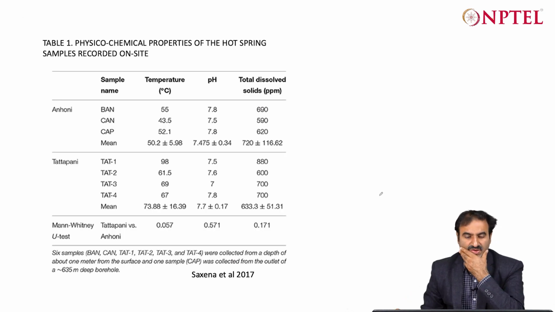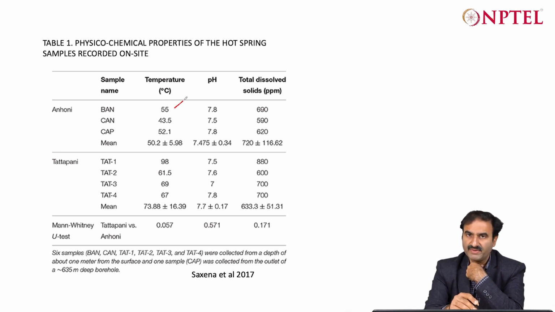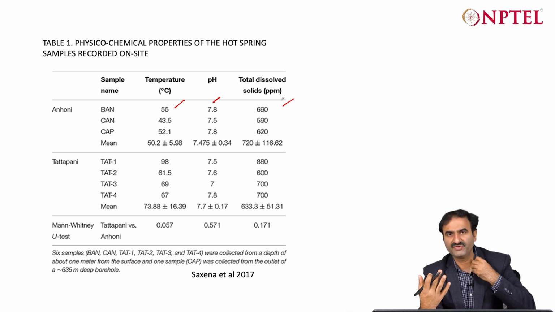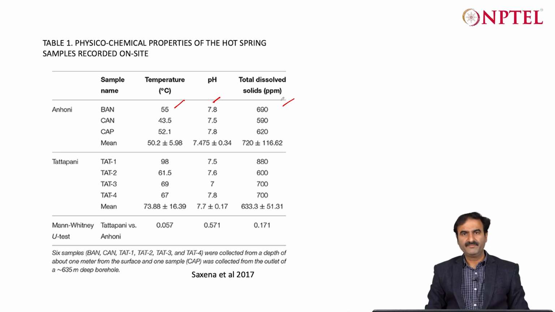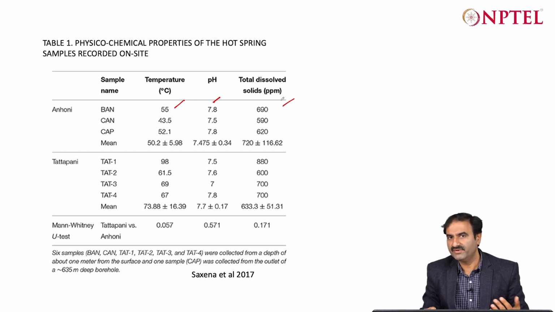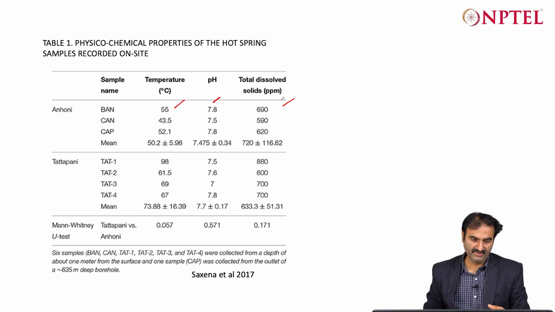The first thing that you will do is the physiochemical property analysis. So, the temperature of those samples, the pH, total solids, and organic matter detection. Depending upon the site, your hypothesis, or your objectives, you have to identify the physiochemical properties, so that later on you can correlate the abundance of species with those properties.